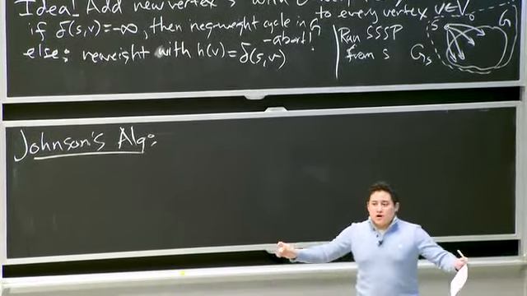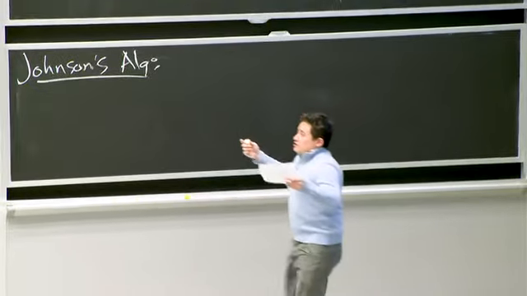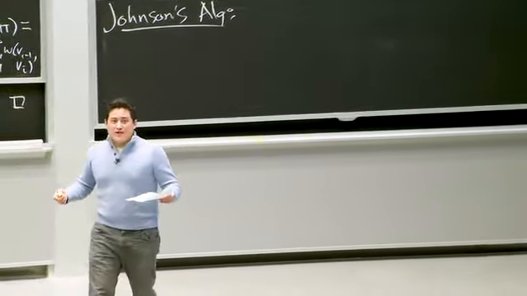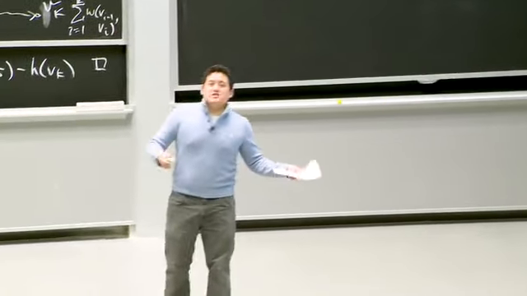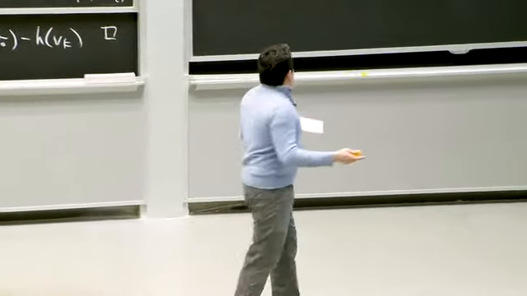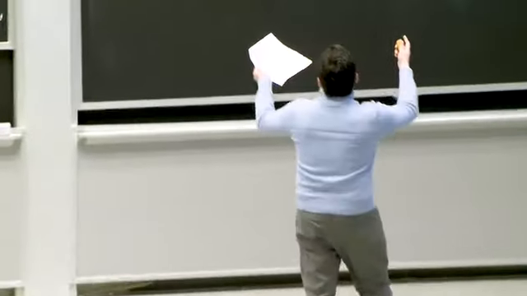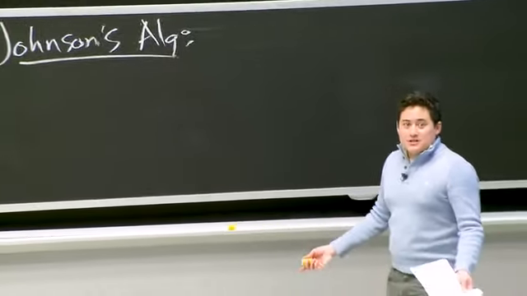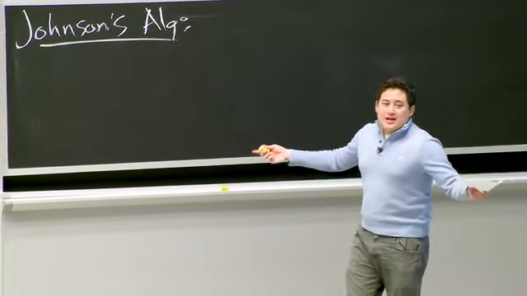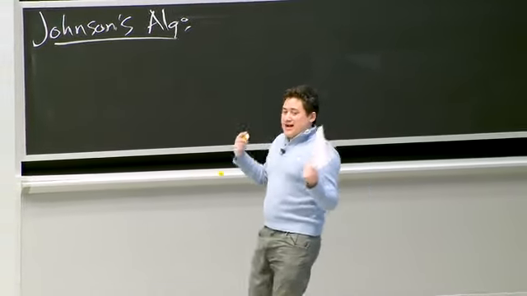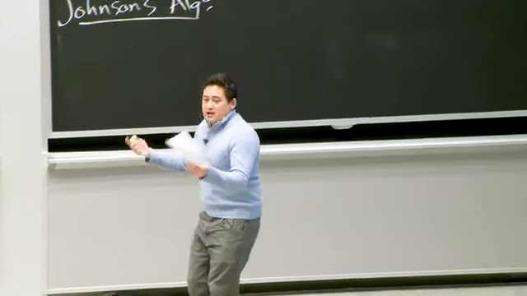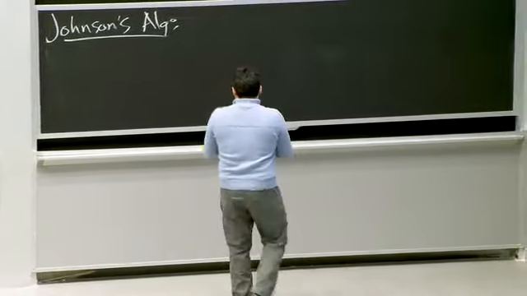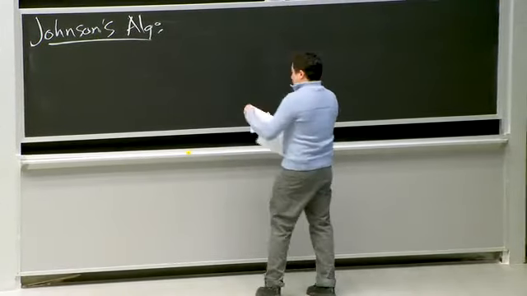We're reducing from solving signed all pairs shortest paths, graphs where the weights could be positive or negative, to creating a graph that has the same shortest paths properties, but only has non-negative edge weights. So we're reducing from a signed context to a non-negative weight context.